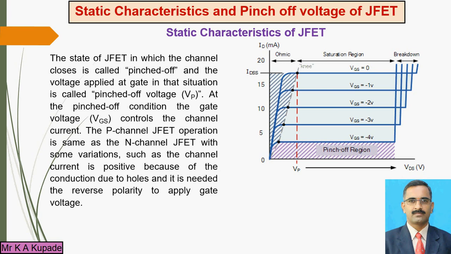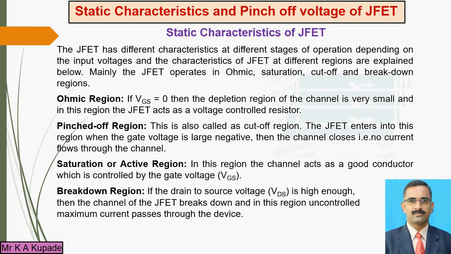So for that reason, you have to apply a positive voltage to the gate terminal to reverse bias that PN junction.